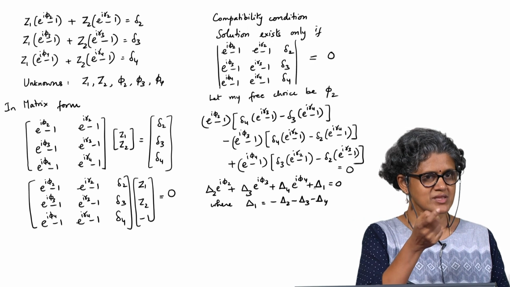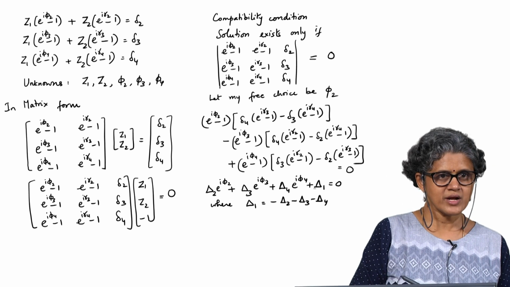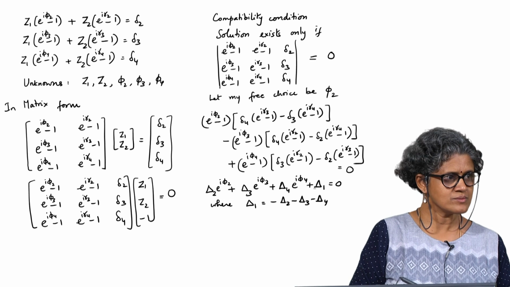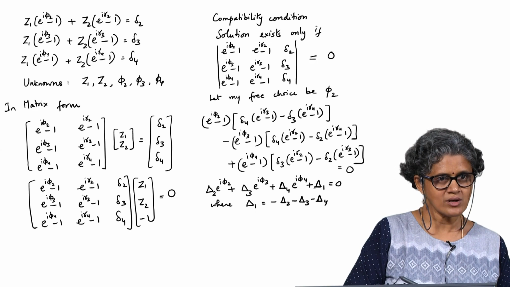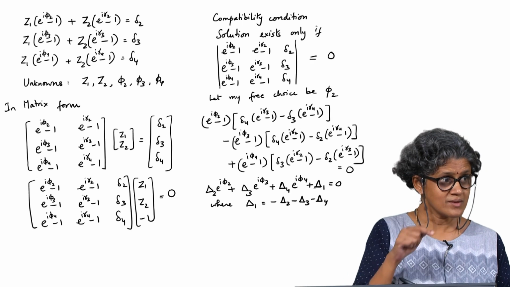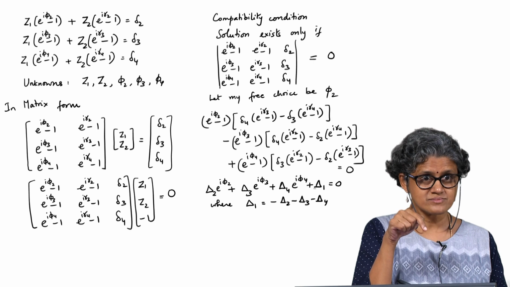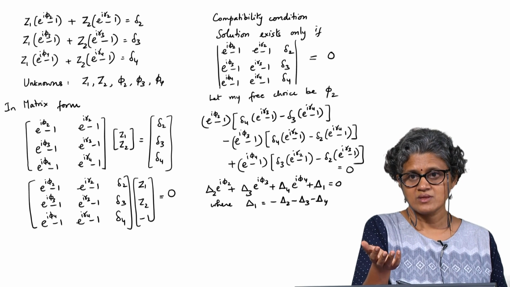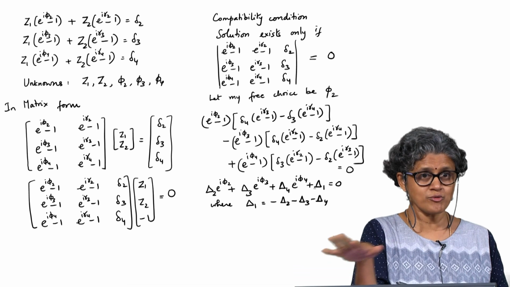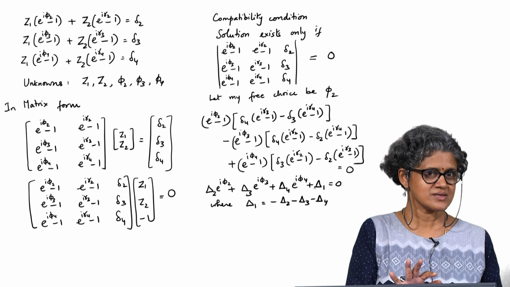Then I give everything a rotation. Delta 2 I rotate by phi 2, delta 3 then rotates by phi 3 and delta 4 rotates by phi 4, and still the loop is closed, which is just like your 4 bar. This is a different 4 bar. We are not talking about the 4 bar that we are trying to synthesize.